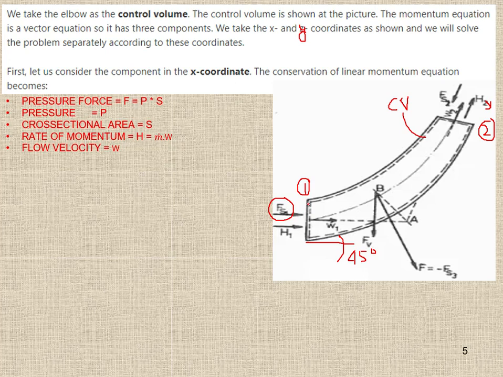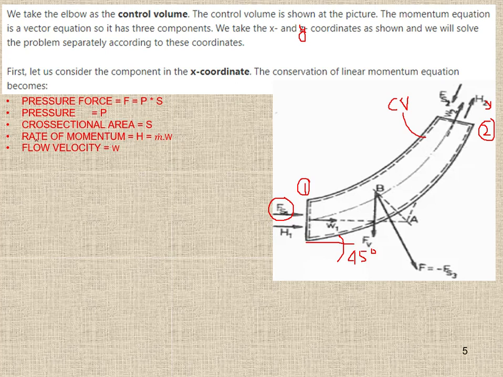What is the force acting at the surface? That is basically the pressure force. The pressure force equals pressure times the surface cross-sectional area, where P stands for pressure and the cross-sectional area is indicated with S.